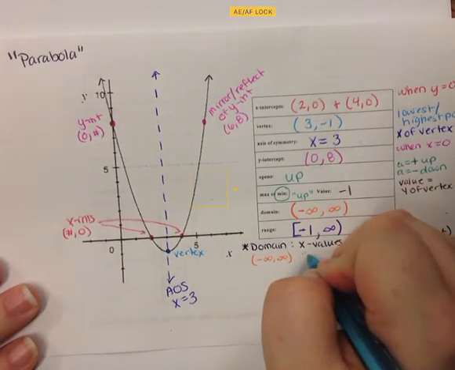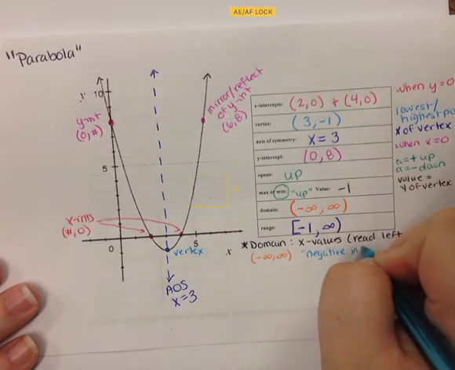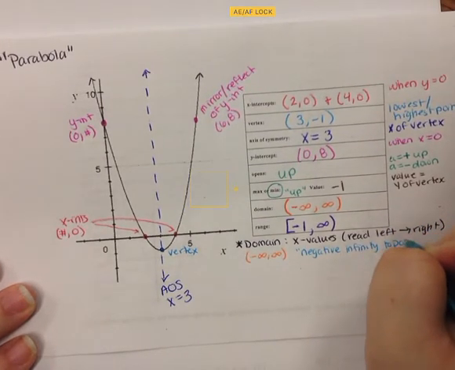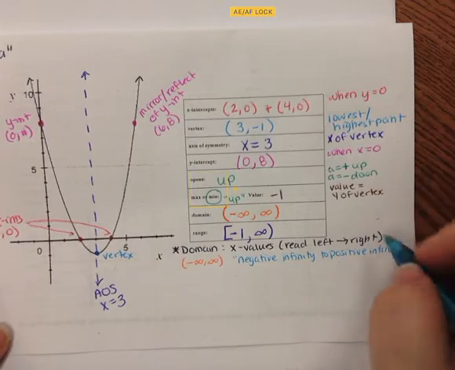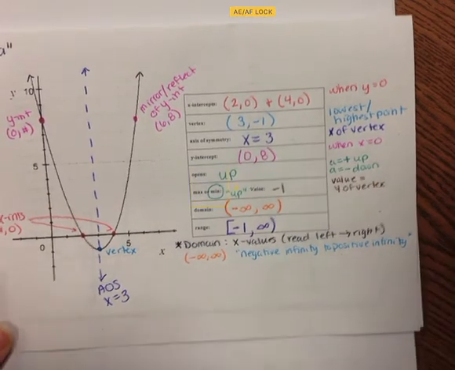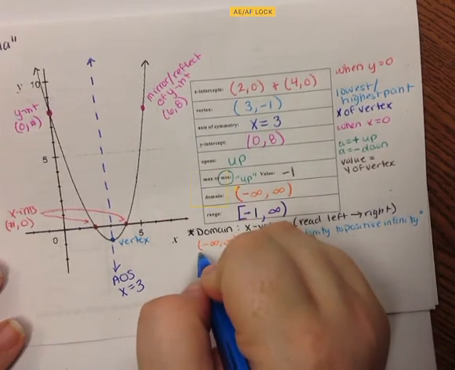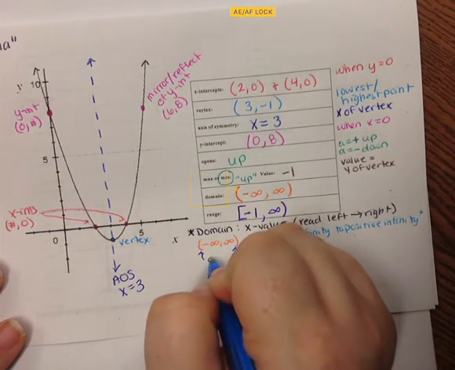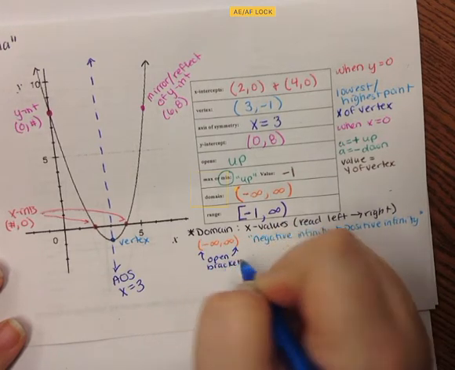We pronounce this, again, -infinity to positive infinity. This is how we pronounce it. Open brackets mean that they never actually come to an end. They never actually hit a point, because infinity keeps going forever.